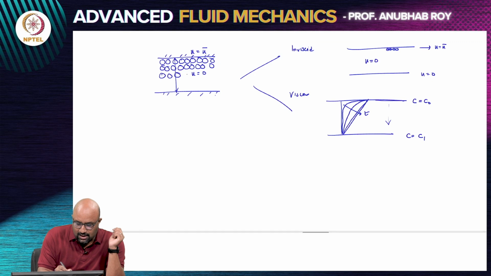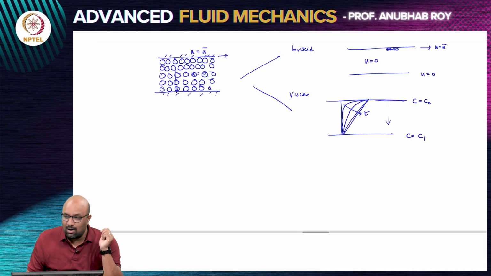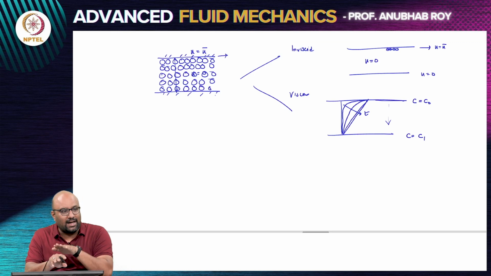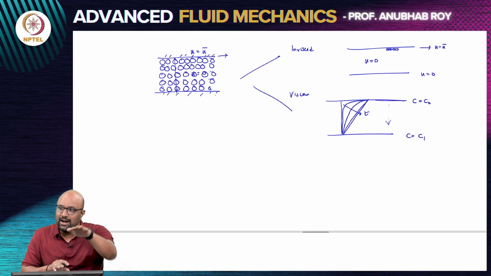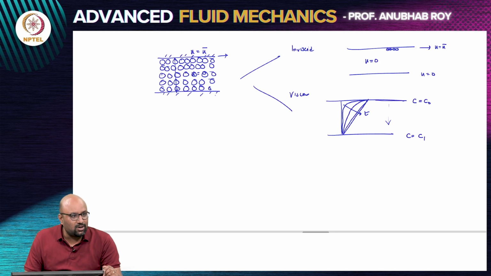If you do this kind of a cartoon, if you think of the scenario being completely inviscid, I can drag the top plate and all the spheres will stay just the way they are. There is no friction in the problem. So, if there is no friction in the problem, I am doing a tangential motion, it can nicely slide over. There is no reason for the spheres to be set into motion.